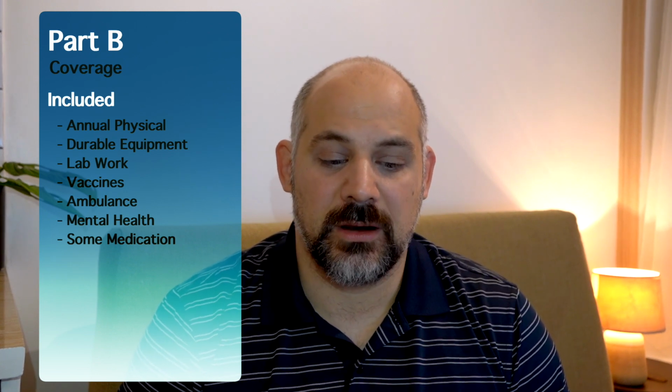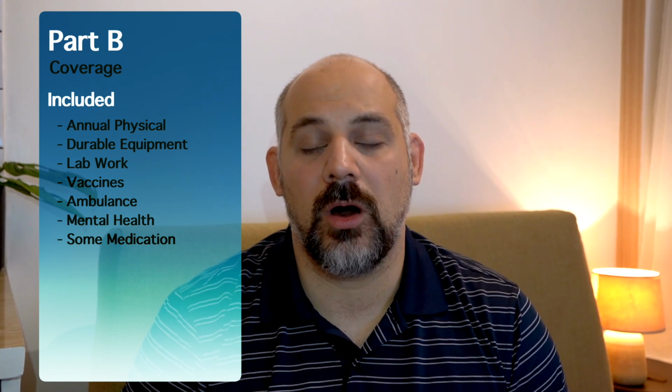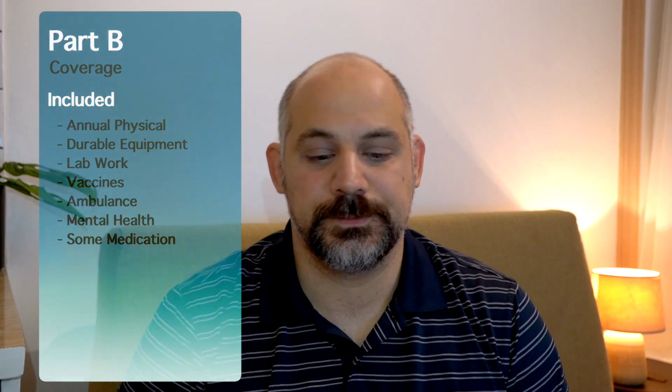So just to recap, I'm going to go over what is and is not covered by Medicare Part B. What is covered are your annual physical exams, laboratory tests, that's going to be things like x-rays and blood work, medical equipment, things like wheelchairs and hospital beds, orthotics and prosthetics are covered, your mental health care and your ambulance services are all part of the Part B coverage.